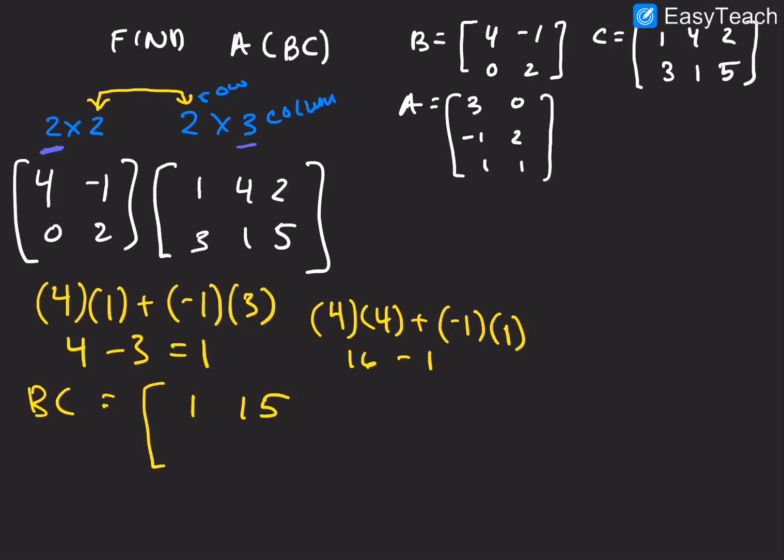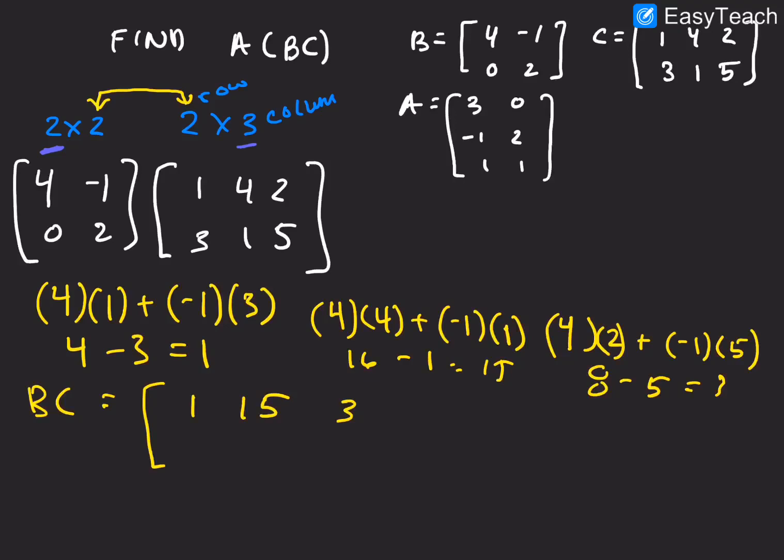Okay, then I do the same. I have 4 times 2 plus -1 times 5. I have 8 minus 5, which is 3. So that's 3.